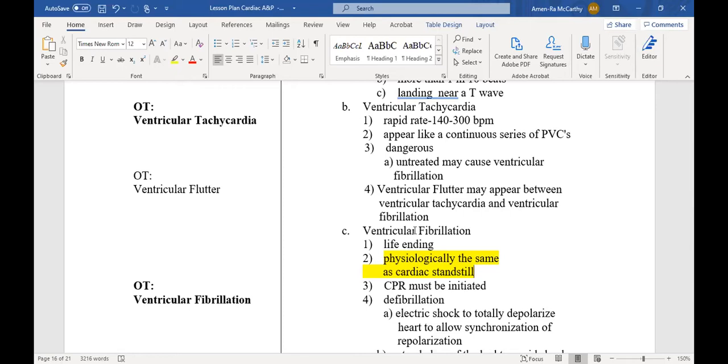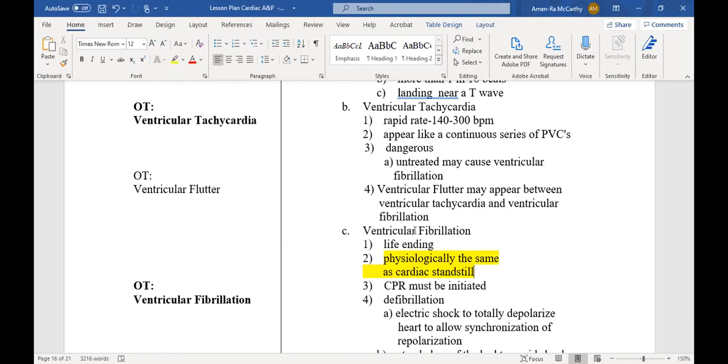Because what they're saying is physiologically it's the same. Even though the ventricles are just fibrillating, they're just quivering, right? They are quivering, but they're not contracting. And if they're not contracting, you don't have a heartbeat. So the fib is the same thing as asystole. You might as well be asystole because you don't have any contraction.